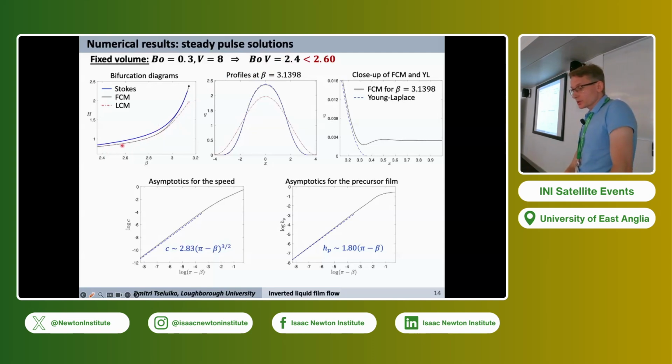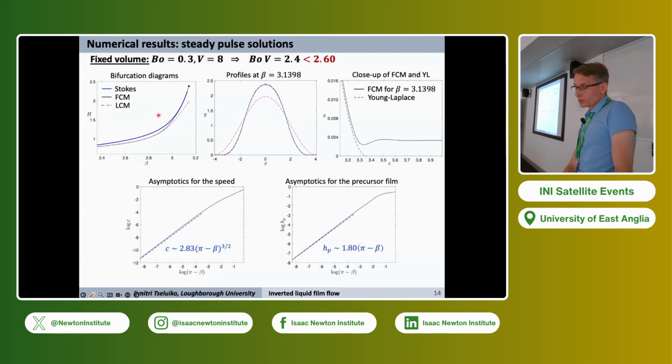There is very good agreement between the full curvature and linearized curvature models for smaller values of beta, but then we obtain a discrepancy between these models for beta close to pi. On the other hand, the full curvature model agrees very well with the full Stokes equations for values of the inclination angle close to pi.